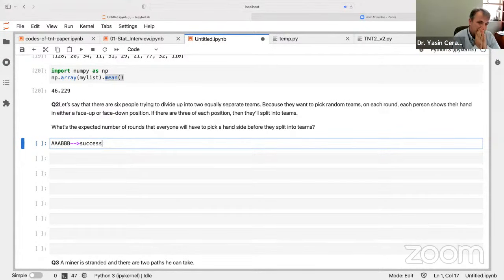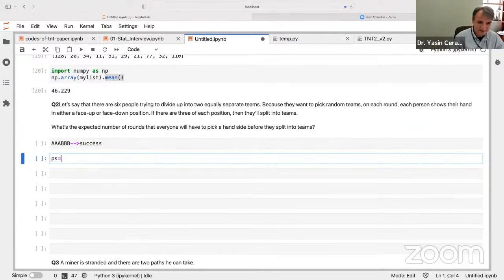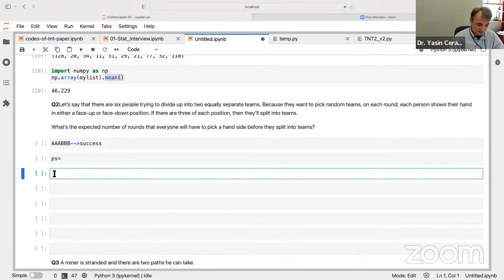Okay, so let's first solve this problem without any simulation, and then think about how we can simulate this problem. The solution should be very simple, actually. They are asking for the expected number of rounds, so I should find the probability of success, and use this probability of success from SciPy stats, which we just learned about.